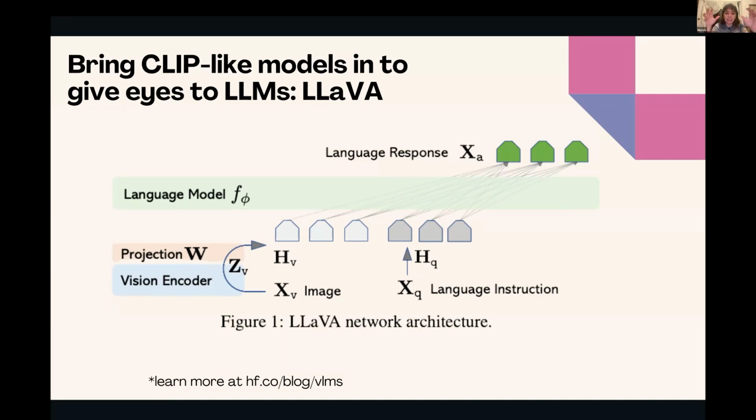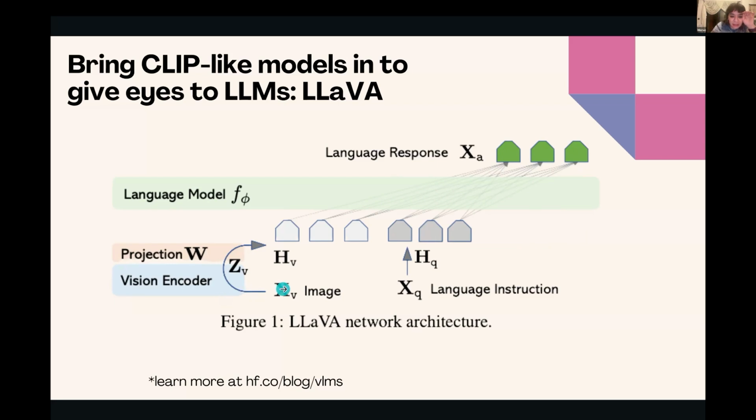And you have this projection layer, which in LLaVA's case is an MLP, and then you have a language model, which can be any language model, a large one or a small one. It's just a text decoder.